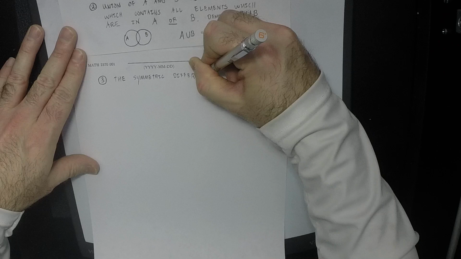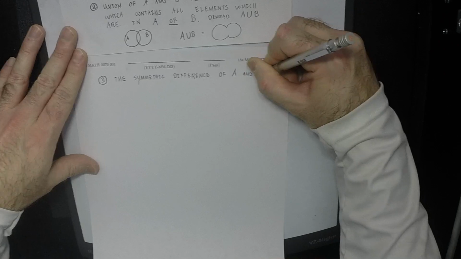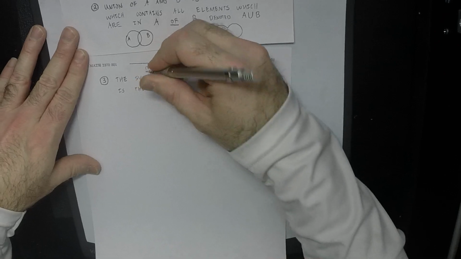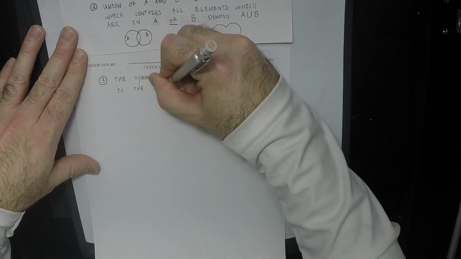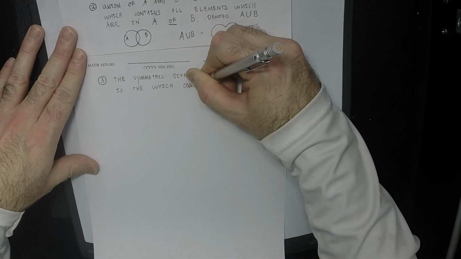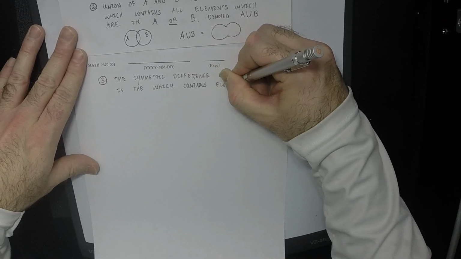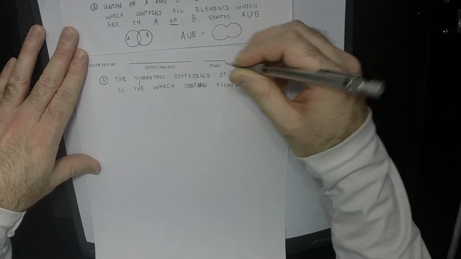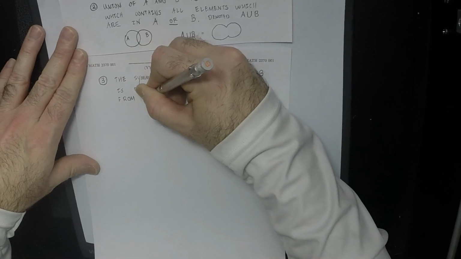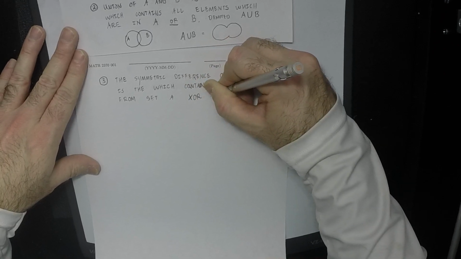The symmetric difference of A and B is the set which contains elements from set A XOR set B.